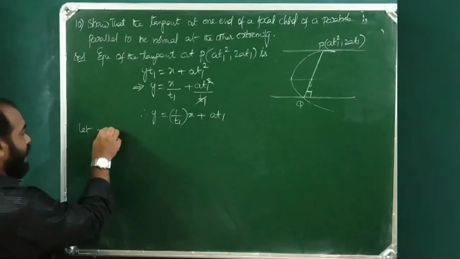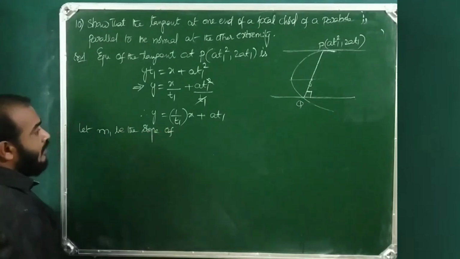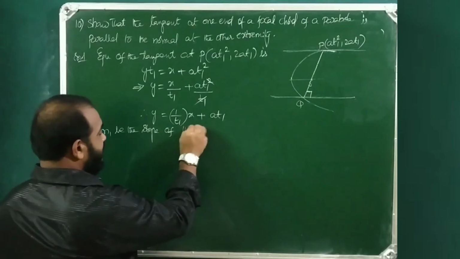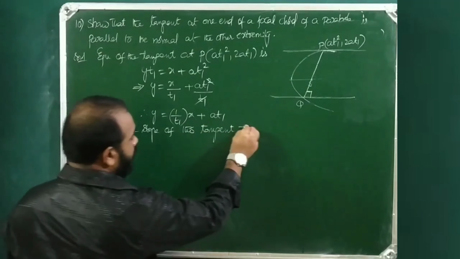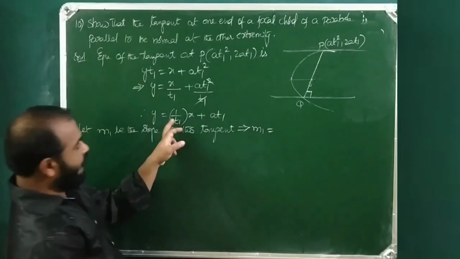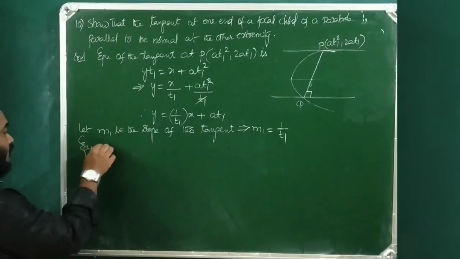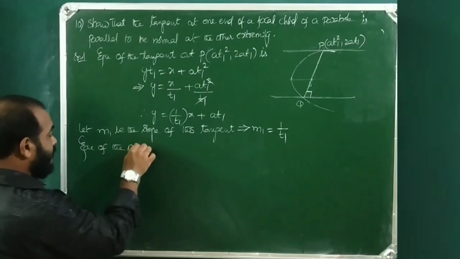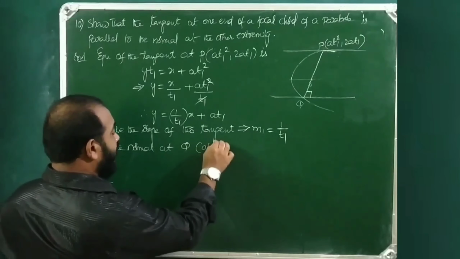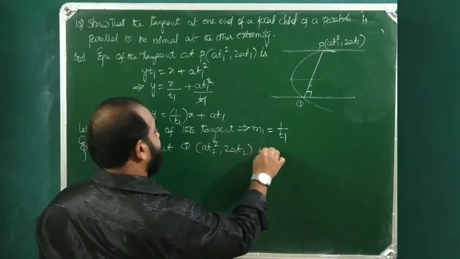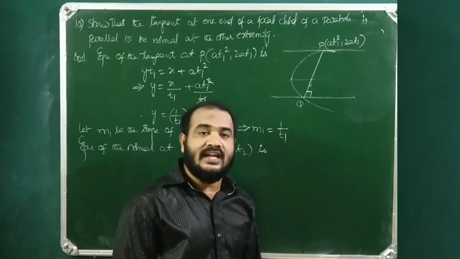Let m1 be the slope of this tangent. Therefore, m1 = 1 by t1. Now, the equation of the normal at Q, (at2 square, 2at2), is y + xt = 2at + at cube.